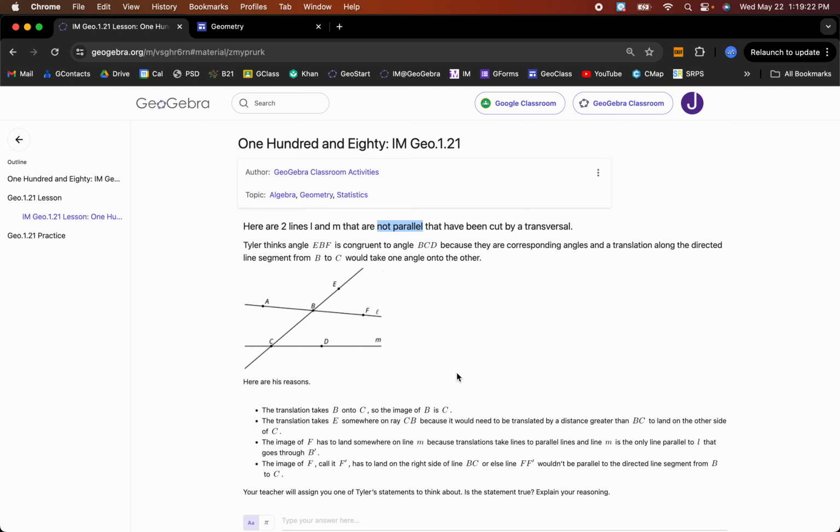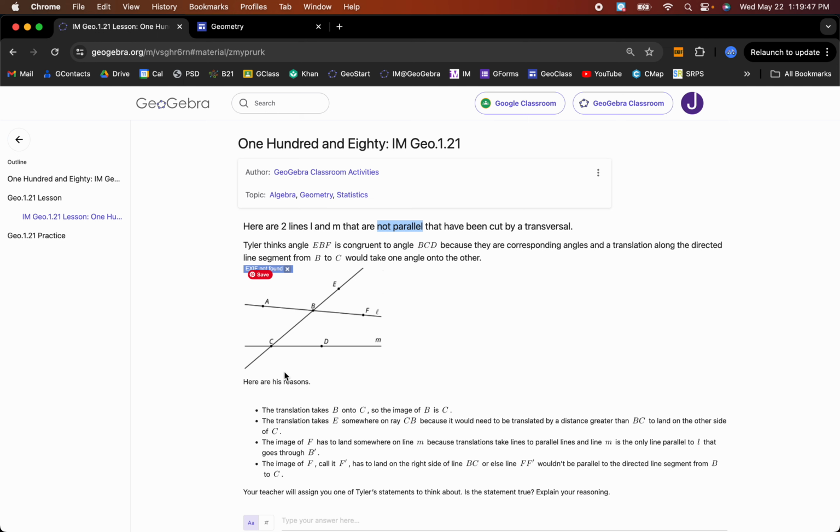Okay, so the last statement: the image of F, call it F prime, has to land on the right-hand side of BC, or else the line from F to F prime wouldn't be parallel to the directed line segment from B to C. We did a whole thing where we connect dots when we do translations, and we ended up with parallel line segments.